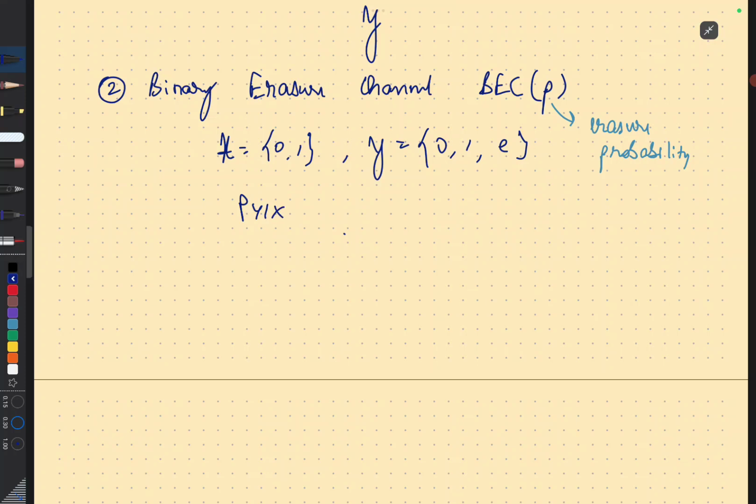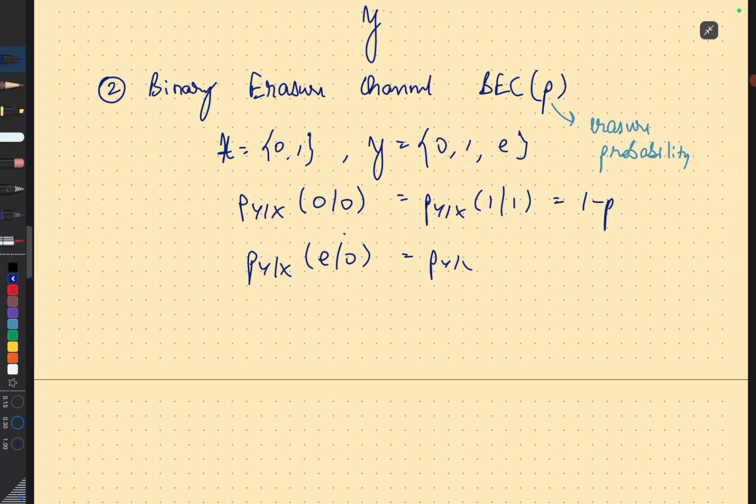So in this case, P of Y given X of 0 given 0: if you transmit a symbol which is either 0 or 1, then the output is going to be the same thing with probability 1 minus P. And with probability P, it gets erased.